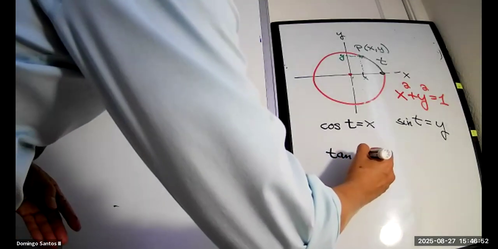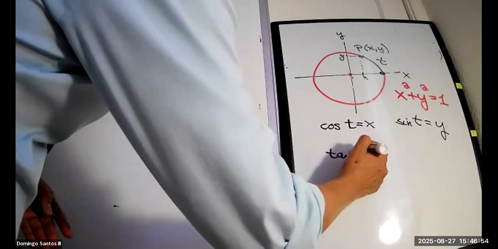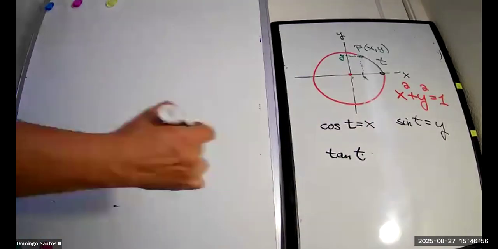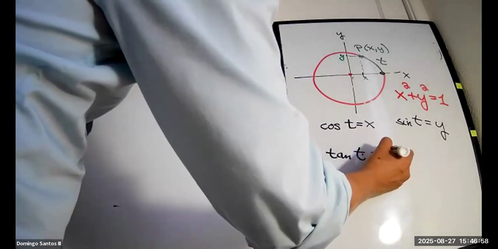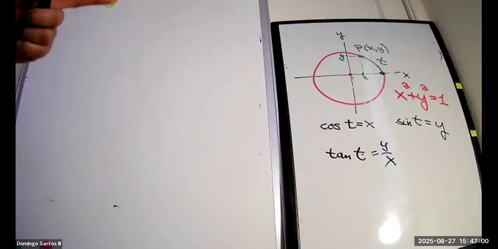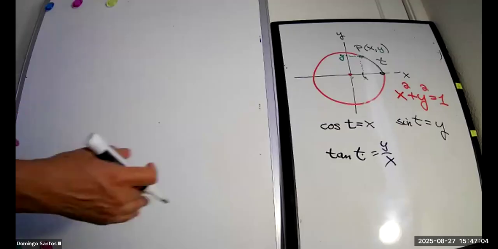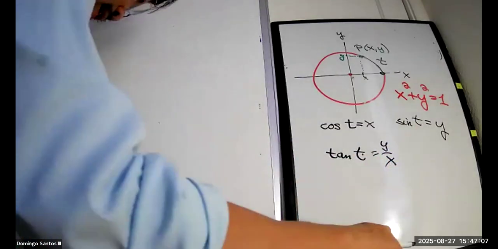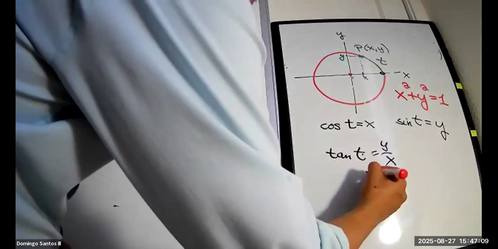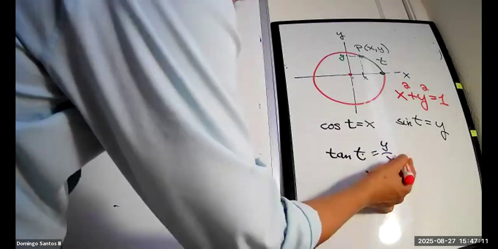Tangent of the arc length t is defined to be y over x. If you would recall from trig, that's just sine over cosine. Of course, the assumption here is that x is not equal to 0, because this is in the denominator.